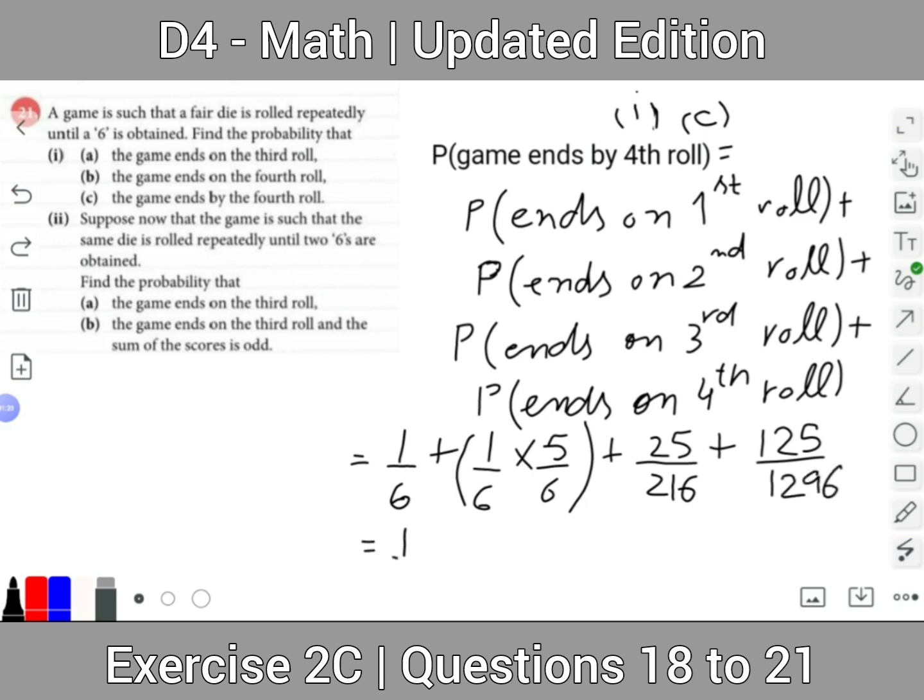Now we have 1/6 plus 5/36 plus 25/216 plus 125/1296.